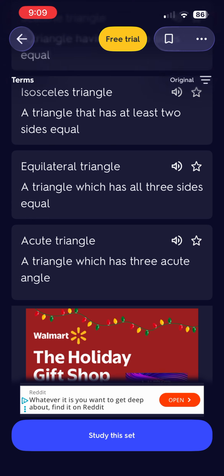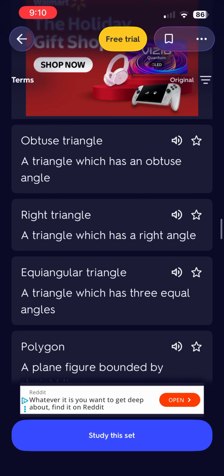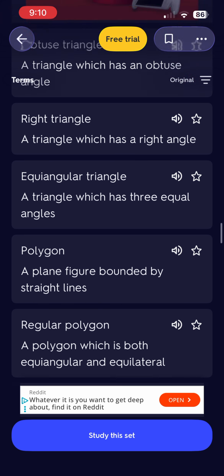Acute triangle. A triangle which has 3 acute angles. Obtuse triangle. A triangle which has an obtuse angle. Right triangle.